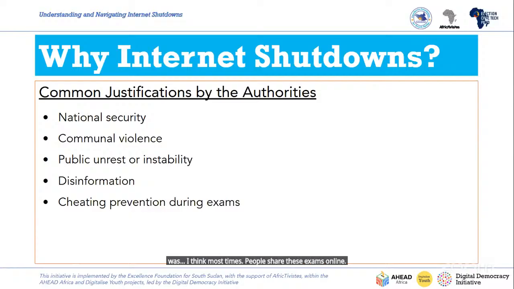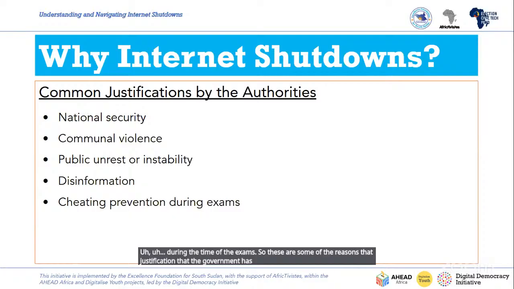So these are some of the reasons or justifications the government has to implement internet shutdowns. Next, Beta.